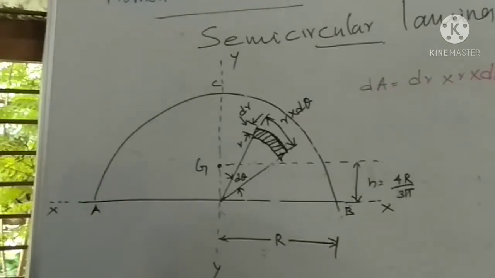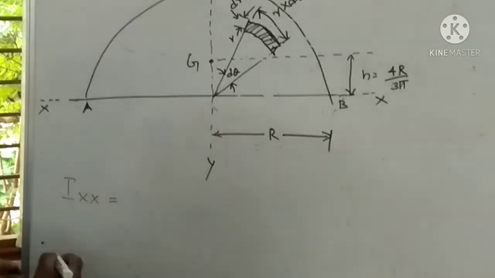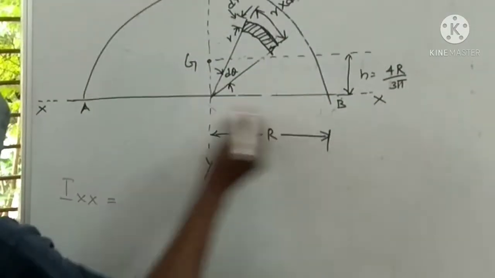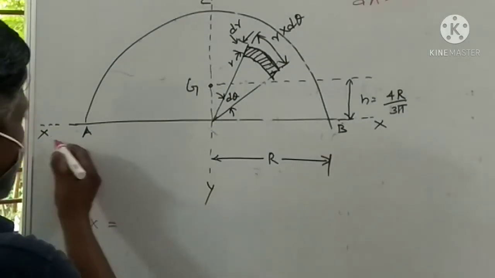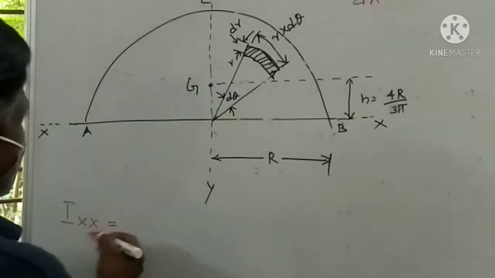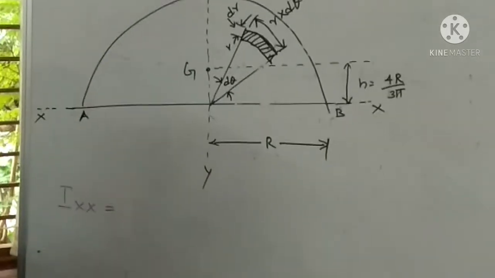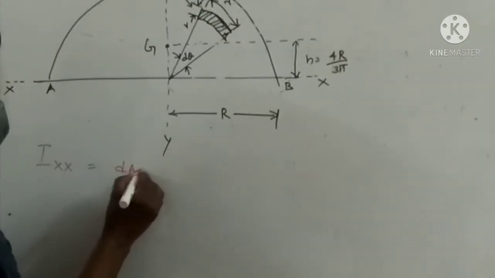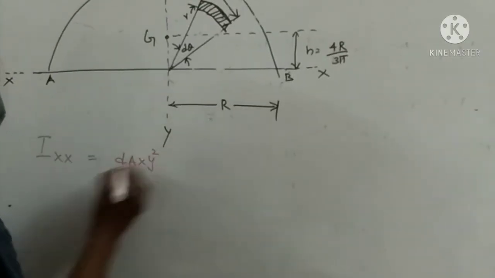So Ixx, that is the moment of inertia of this lamina about the horizontal reference axis, is equal to the integral of dA into y square.